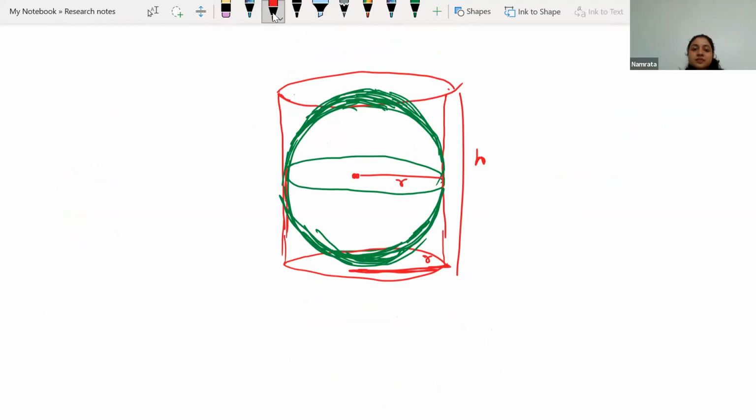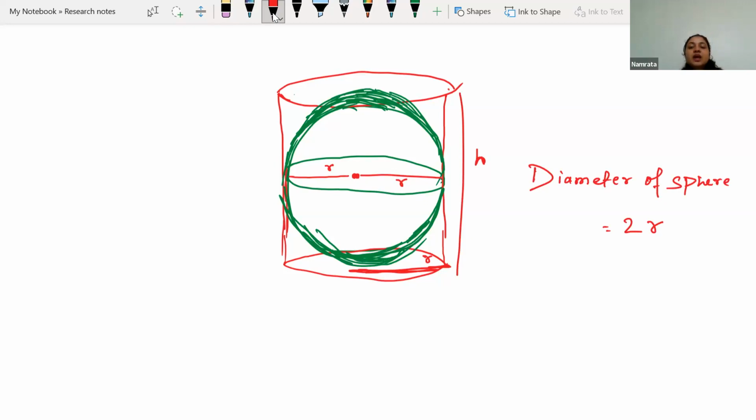And what about the diameter of the sphere? So we can say that yes, the diameter of the sphere will be 2r, since it is completely enclosed in this cylinder. Is the diameter of the sphere 2r? We will say yes, it's correct. The diameter of the sphere will be 2r only. Is it clear to everybody?